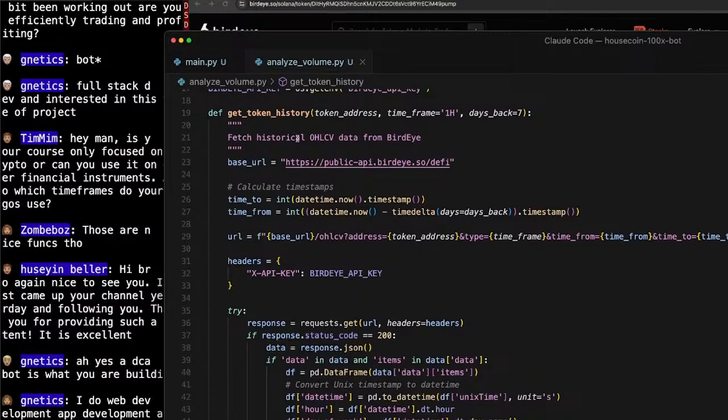Fetch historical open high low volume data from Birdeye, 1 hour. Okay. You're absolutely right, Dr. Data. This is very strange. We're using the Birdeye API and comparing it to Birdeye, yet they show really different numbers. Let me check if we're actually modifying these somewhere in our code.